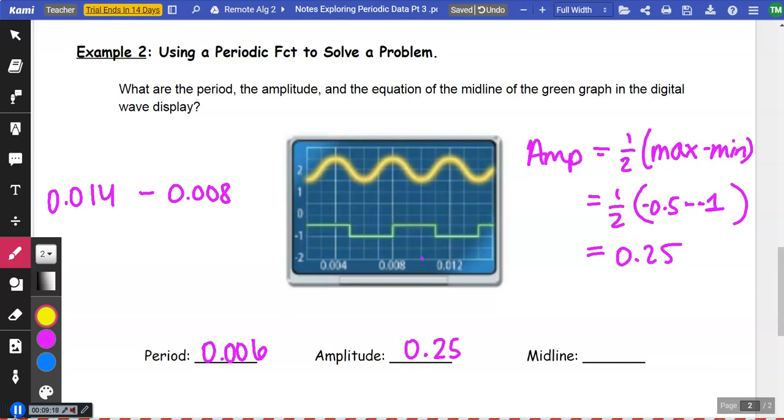Going down 0.25 from negative 0.5 would be negative 0.75. And then from negative 1 up 0.25 would also be negative 0.75. So that tells me that my midline is at y equals negative 0.75.